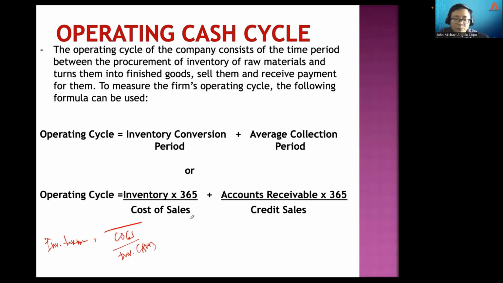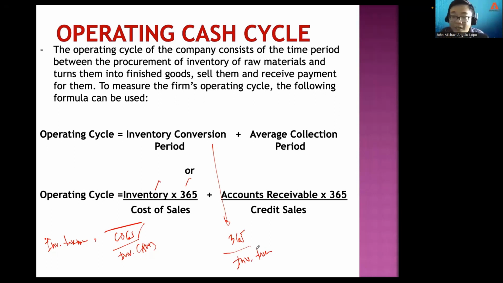Okay, after that one, complete na tayo ng inventory conversion. Ano yung formula ng inventory conversion? 365 divided by inventory turnover. Tama? Makukuha mo. Parehas lang yan, class. Ito kasi ginawa natin ay shortcut na. May cost of sales din, may inventory din, and may 365. Same lang yan. Wag kayong malito.